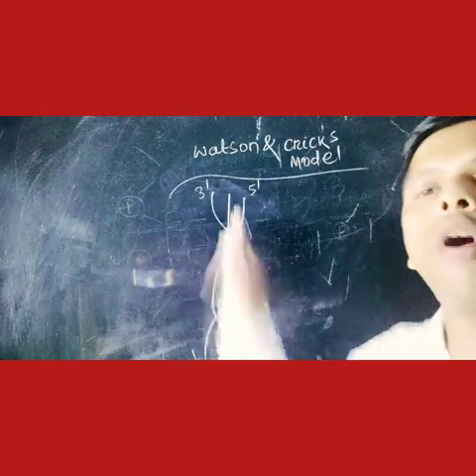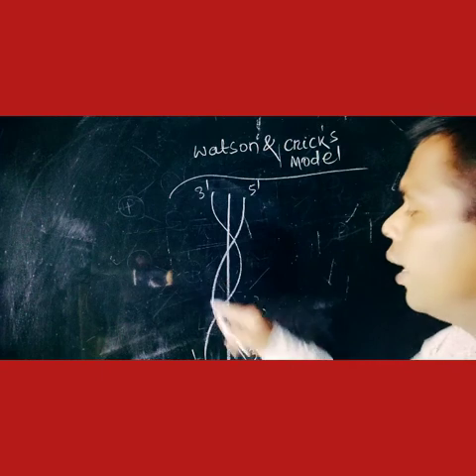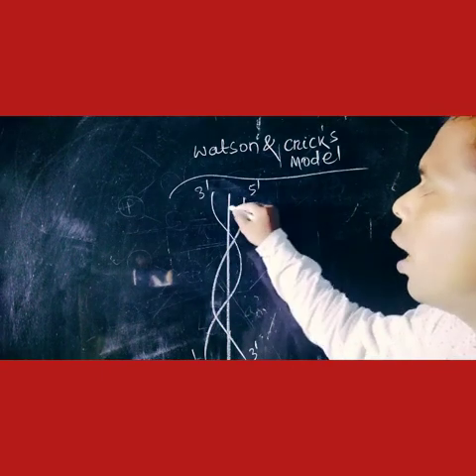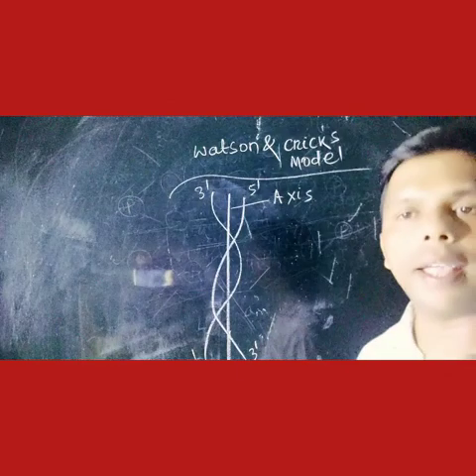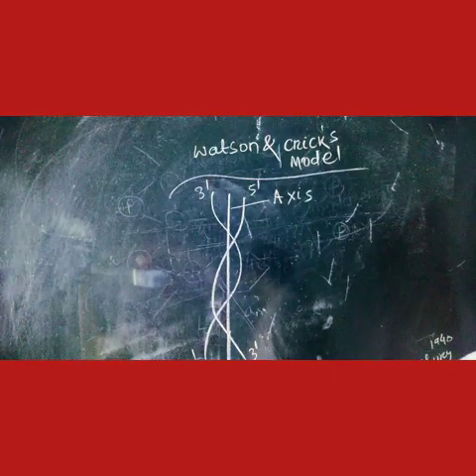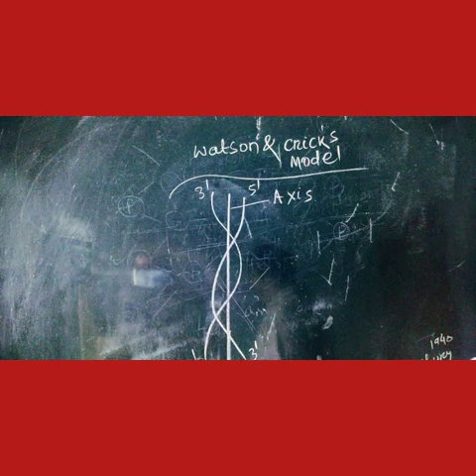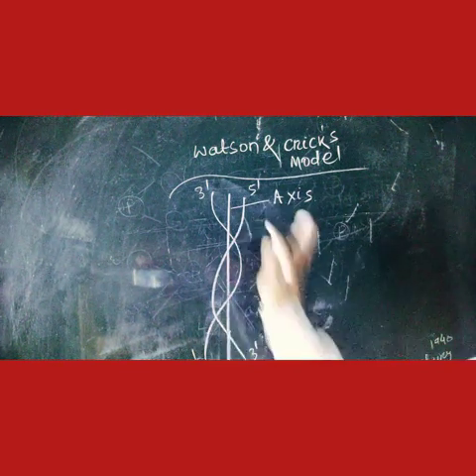These are opposite to each other. These are helically coiled around the axis. So these two polynucleotide chains are helically twisted around the same axis, and the two chains are anti-parallel to each other.